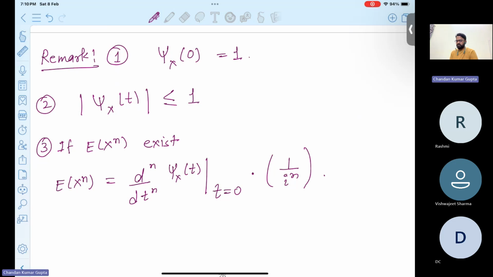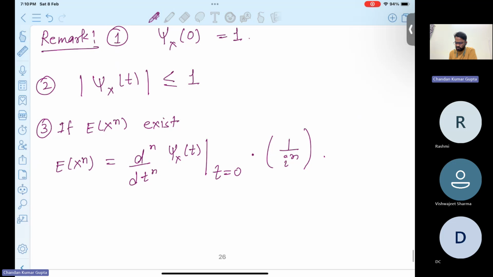With the help of this, we can generate the expectation or moments when we are given the characteristic function. Similarly, the characteristic function is unique as well, as we have discussed for PGF and MGF.